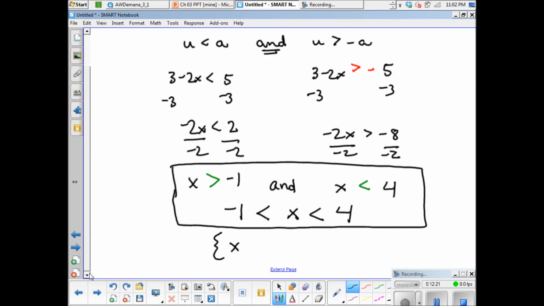The set of all x values such that x is greater than... actually, we'll go ahead and put it in the combined inequality form. Negative 1 is less than x is less than 4. And there you have it.